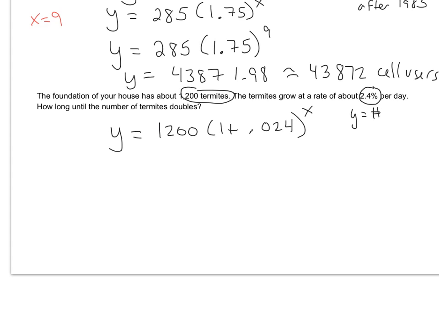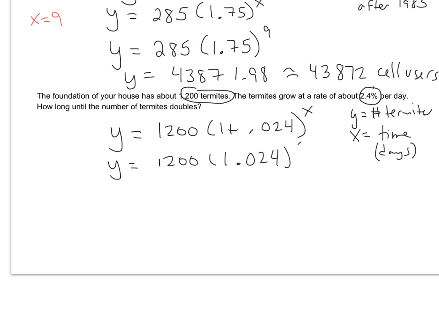Now remember, y is the number of termites, and x is the time. And this time is in days, because our rate is in days. So, in this case, if I simplify, y equals 1200, 1 plus 0.024, well, I can put that together, so let's write 1.024 to the x.